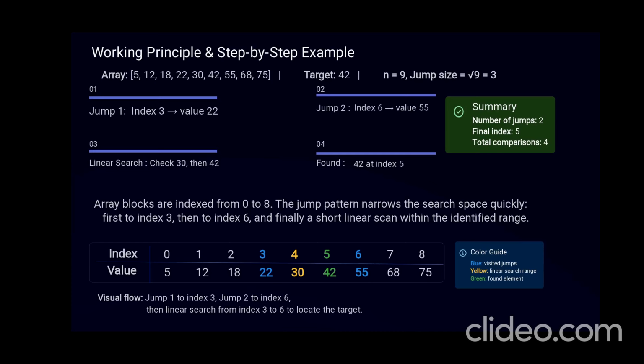Since 55 is greater than 42, we know that the target must lie between index 3 and index 6. We then perform a linear search within this block. After checking 30 and then 42, we find the target at index 5. This example clearly shows how jump search narrows the search space efficiently.